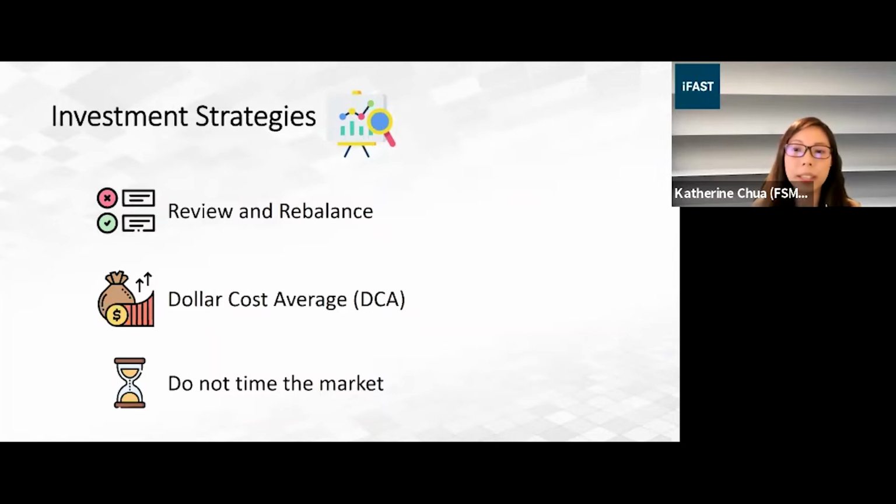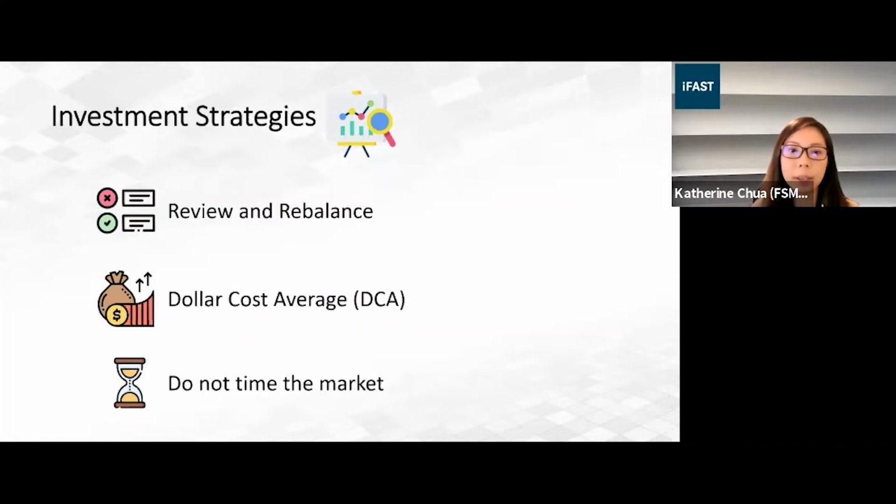Another strategy we always recommend to clients is dollar cost averaging, which we call DCA, because markets don't move up in a straight line. By adopting a regular savings plan through DCA, you set aside a fixed sum of money on a regular basis, which allows you to buy more units when prices are low and fewer units when prices are high.